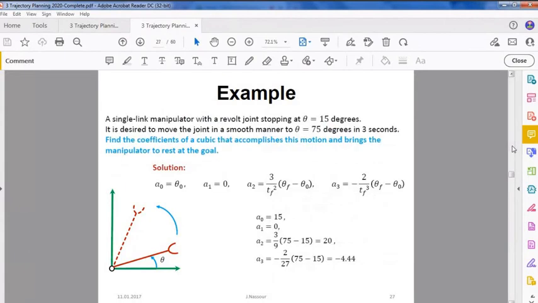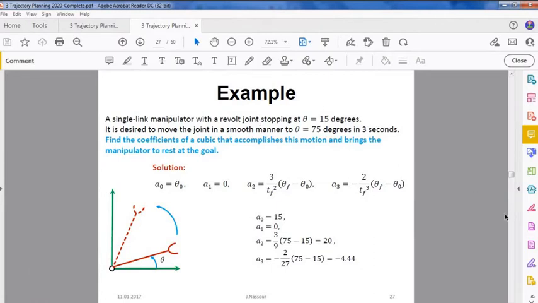So the question said that a single link manipulator, single link meaning robotic arm manipulator, with revolute joint, is stopping at 15 degrees, and it's desired to move in a smooth manner to 75 degrees in 3 seconds. So the question is almost like that. Just play around with the words.